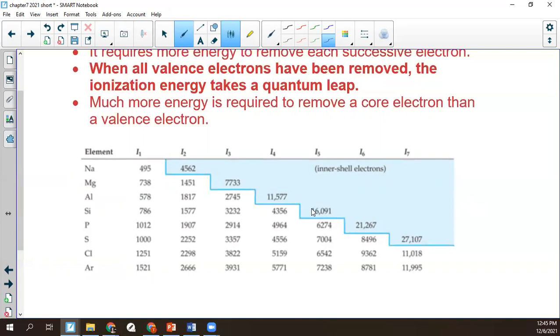Sodium has how many valence electrons? 1. So that one's easy to get rid of. But then sodium becomes like what atom? Neon, which is a noble gas, and you don't mess with noble gases. Takes 10 times the amount of energy to mess up a full set of electrons than just one extra.